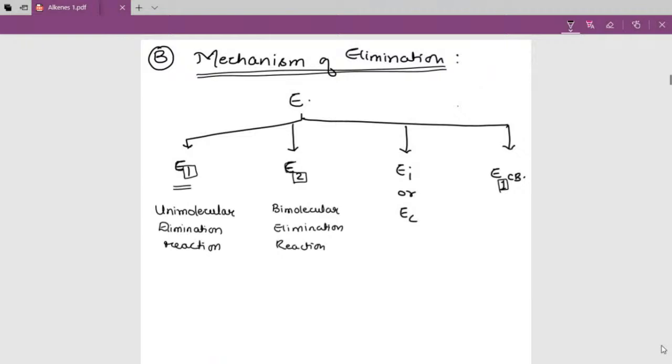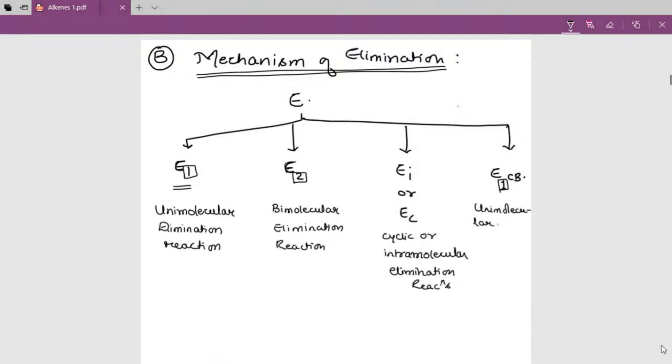So E1 is unimolecular elimination, E2 is bimolecular elimination, Ei or Ec is cyclic or intramolecular elimination. C stands for cyclic, or i stands for intramolecular elimination reaction. E1cB, it is again unimolecular.